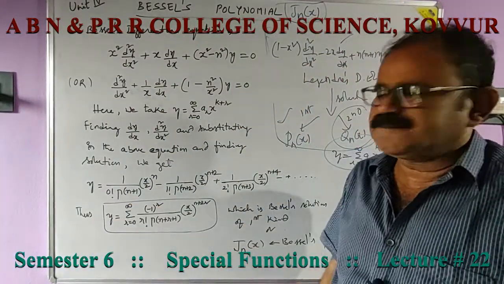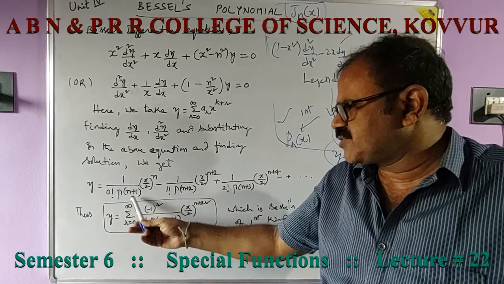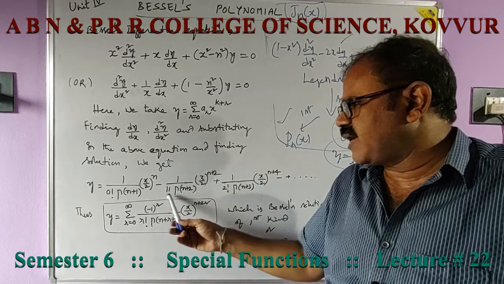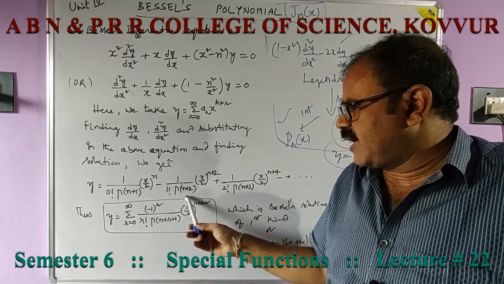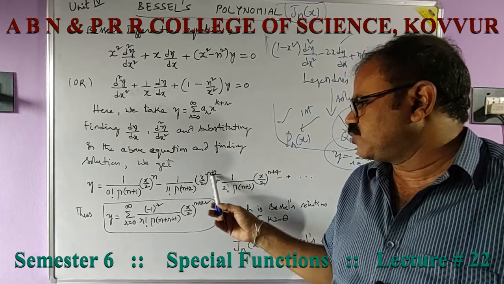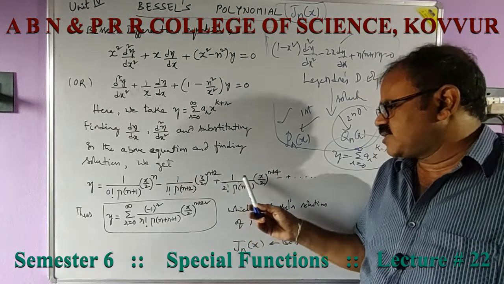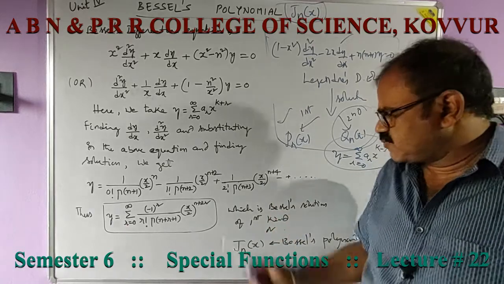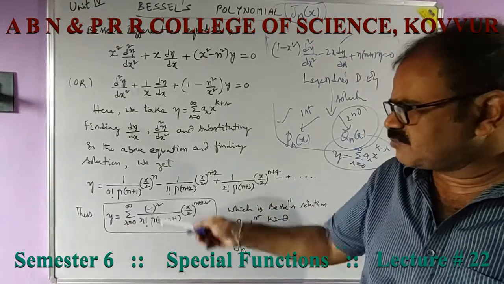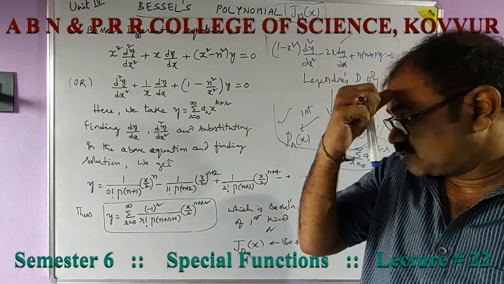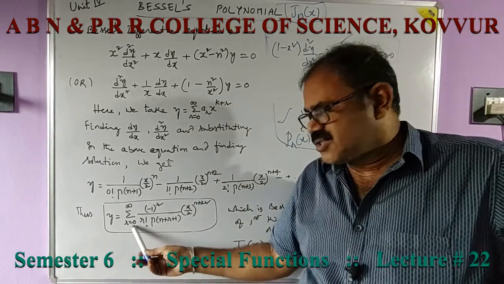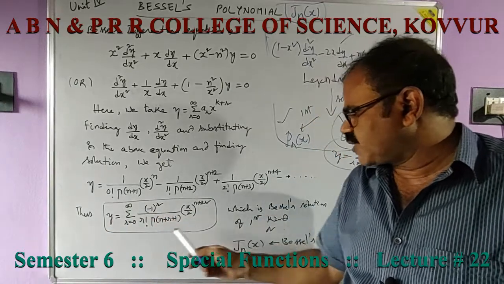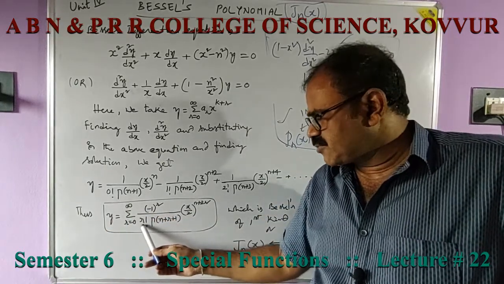Y is equal to 1 by 0 factorial into gamma n plus 1 x by 2 whole to the power of n, minus 1 by 1 factorial into gamma n plus 2 into x by 2 whole to the power of n plus 2, plus 1 by 2 factorial into gamma n plus 3 x by 2 power n plus 4, like that. That can be written in the sigma notation, that y is equal to sigma r is equal to 0 to infinity. In place of 0 factorial, 1 factorial, r factorial, we have in general r factorial.